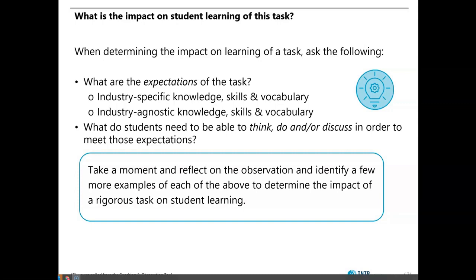For the second question, what do they need to be able to think, do, and or discuss? One thing that really resonated with me was that she gave them a number of materials, and then when she was speaking to the two students about labeling the teeth, they asked, can we use this?